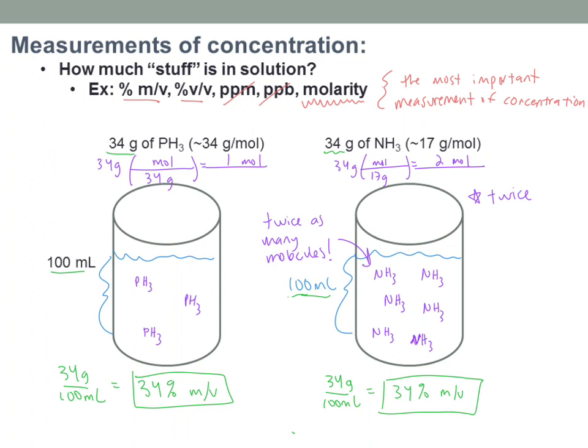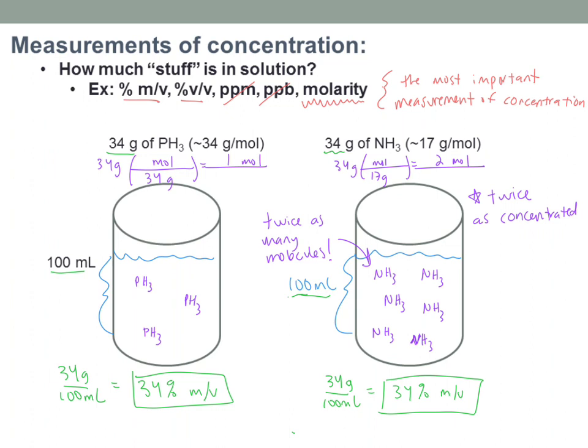We'll talk more about osmosis and pH later, but it's really important that we recognize that the number of molecules matters. Even though they have the same percent by mass because you tossed in 34 grams of each, the actual number of moles, the actual number of molecules, is different. There's twice as much of this ammonia, NH3, as there is of the phosphine, PH3.